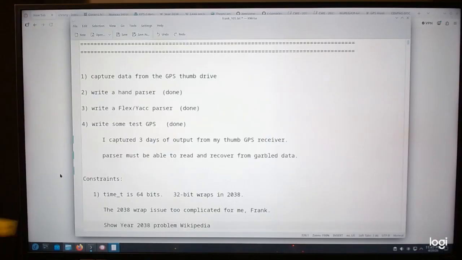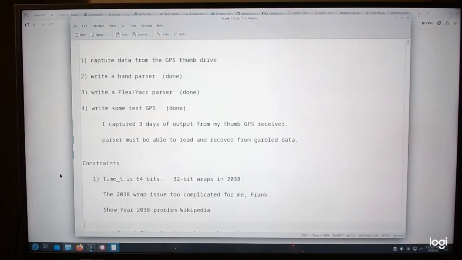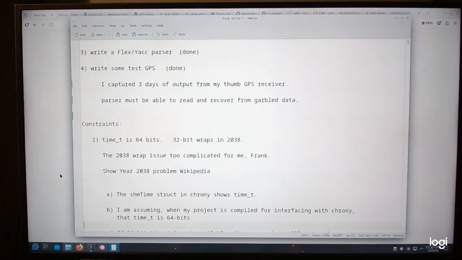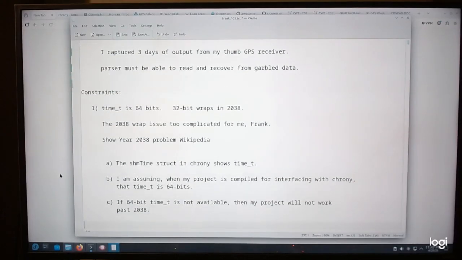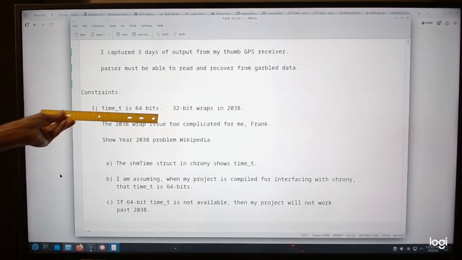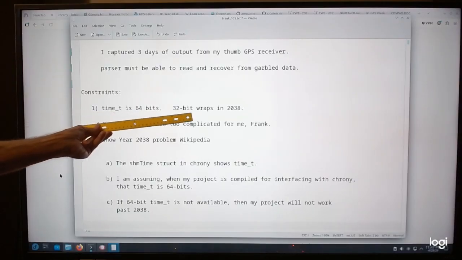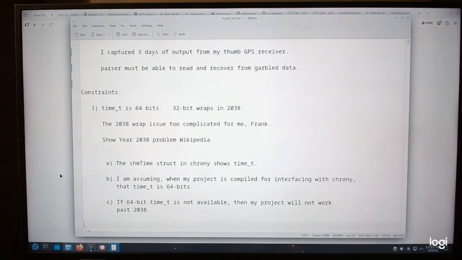Now I mentioned constraints. Let me show you in my introduction. I'm saying time T is 64 bits. That 32-bit wraps in 2038, and that's coming up.